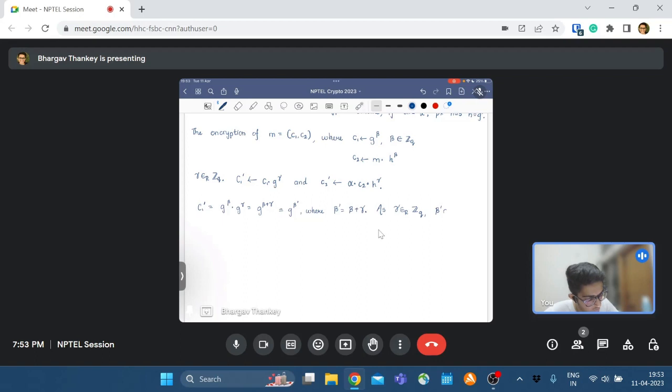So beta prime is also random, and C2 prime is equal to g to the beta times alpha times m times h to the gamma.